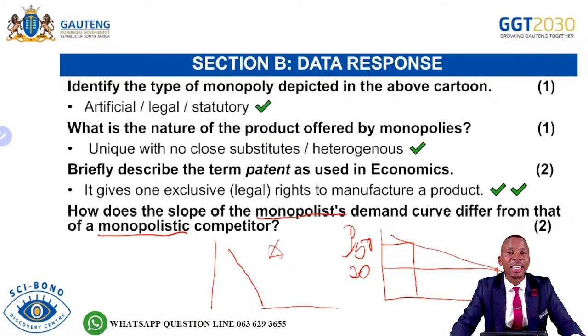There are other businesses available to provide the same goods or services. So if the price goes to 50 Rand, they only demand 20 units. That simply tells you that consumers tend to be very sensitive to the change in price under monopolistic competition, because there is much competition. So let's check the answer now.